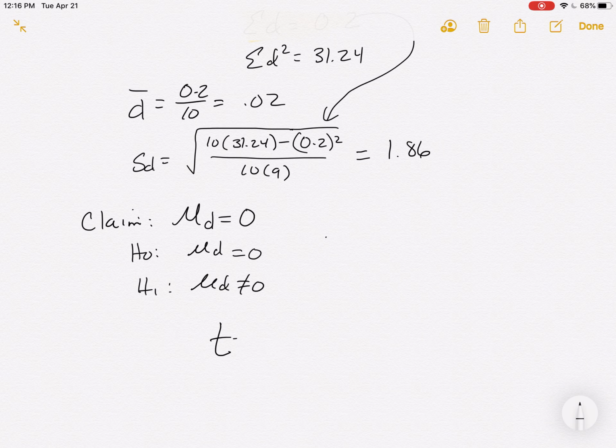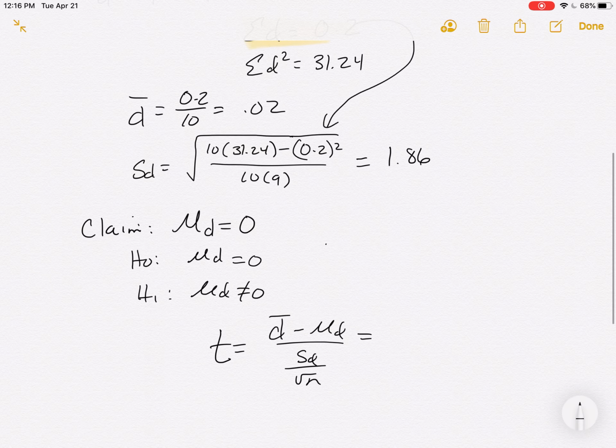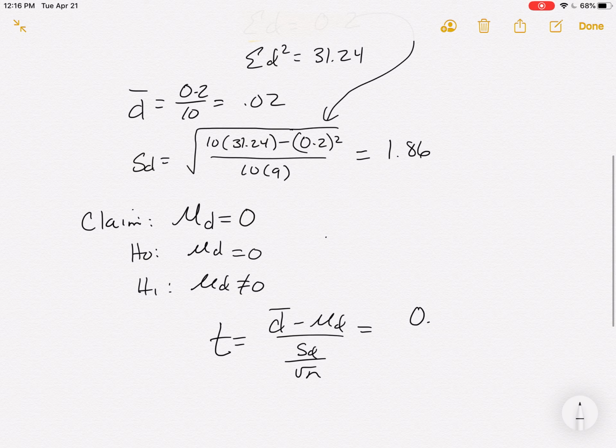Well, our test statistic is nice. It's d bar minus mu d all over s sub d over root n. And so what's d bar? Already found it right there. 0.2, mu d, 0, s sub d, 1.86, and root 10, right? N is 10. And so let's see what we get out of that.